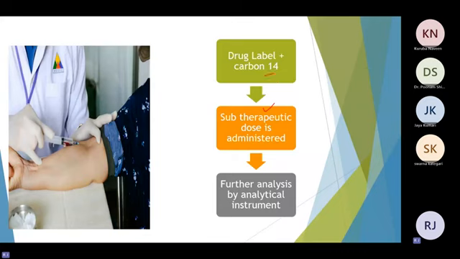Then with the help of some analytical instrument, we will determine the distribution of the drug in the body. Then we will take the blood sample, urine sample, and all. Then we'll see how well the drug is metabolized, or how well the drug is going to be excreted by the body. Okay, by doing this, we can determine the PK parameters very well compared to the preclinical models.